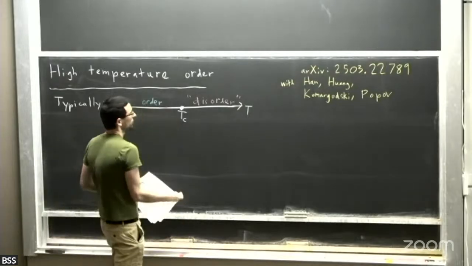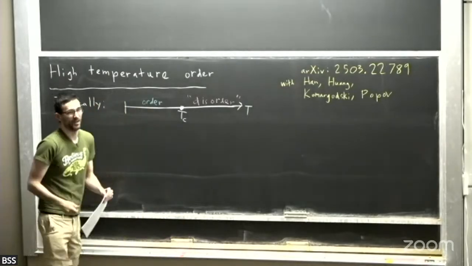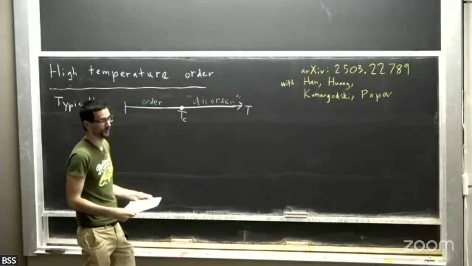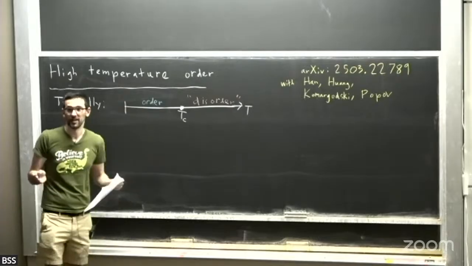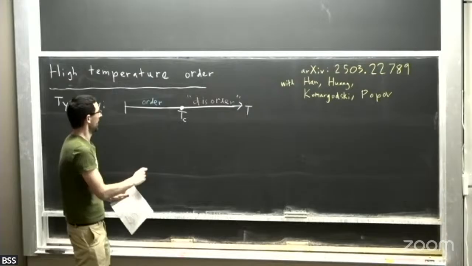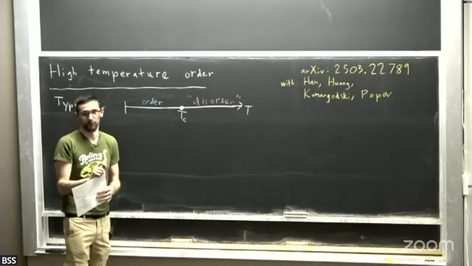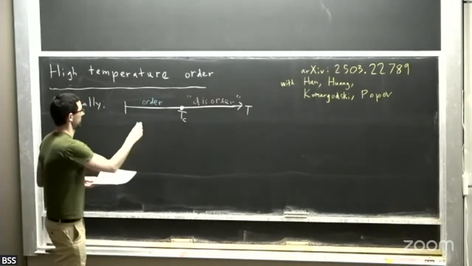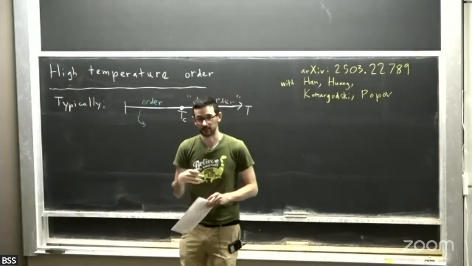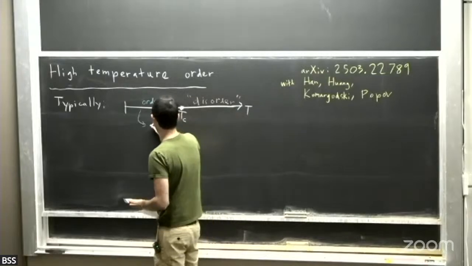An example that you could have in mind here is a bucket full of water. If this is 273 degrees Kelvin, above that temperature, I have a liquid in the bucket. And below that temperature, the water would freeze and form solid ice. And the solid is a phase that spontaneously breaks the continuous translation symmetry of the liquid.